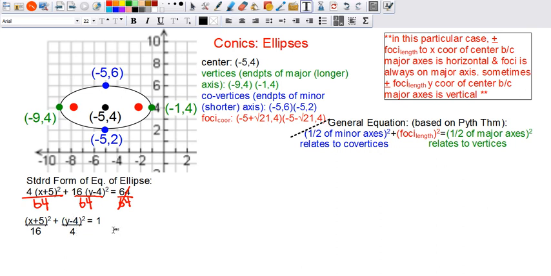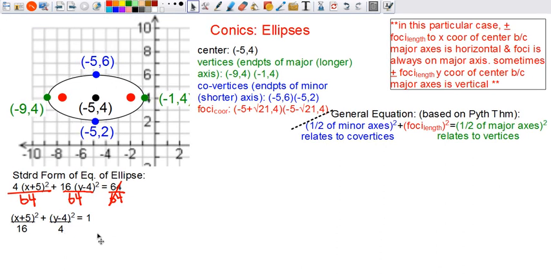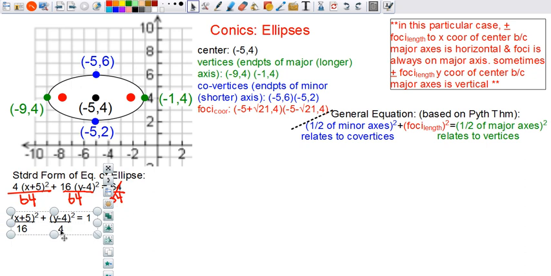As of right now, this makes perfect sense because the square root of 16 is 4. You look at the center and you go 4 to the right to get from black to green, and you go 4 to the left to get from black to this green.